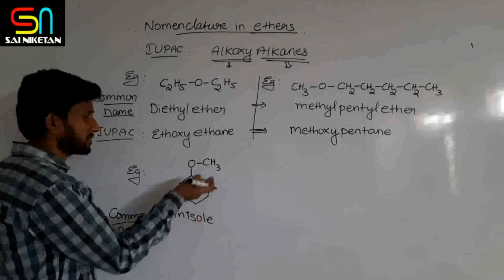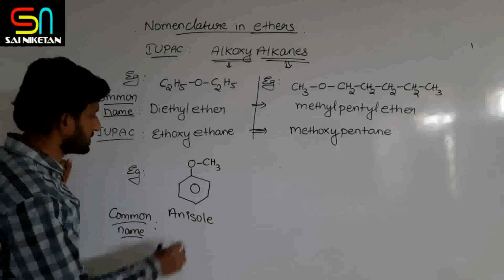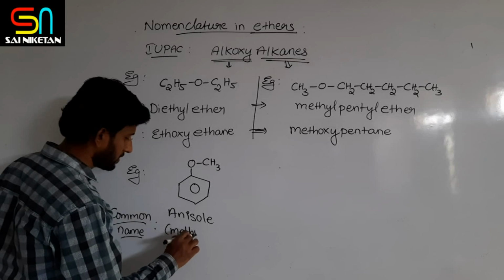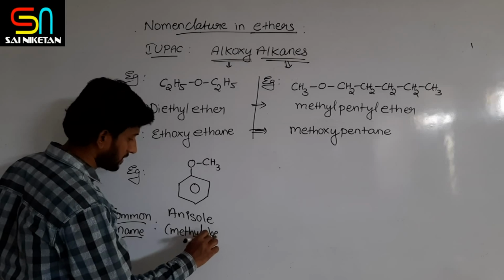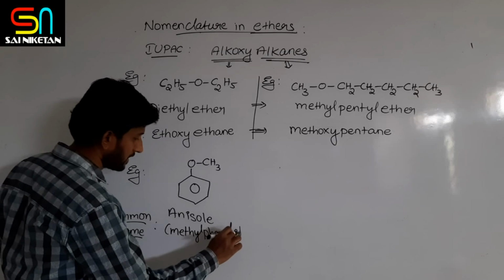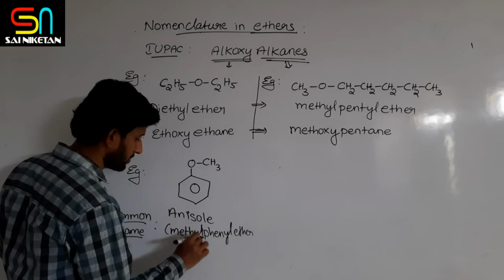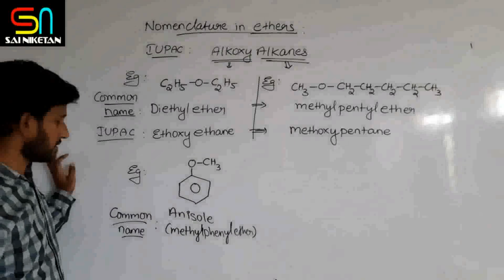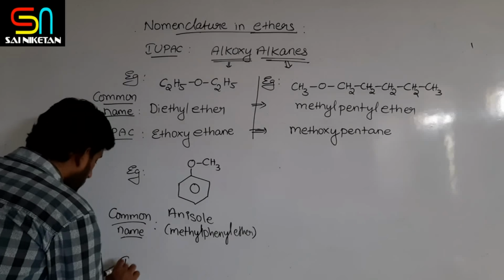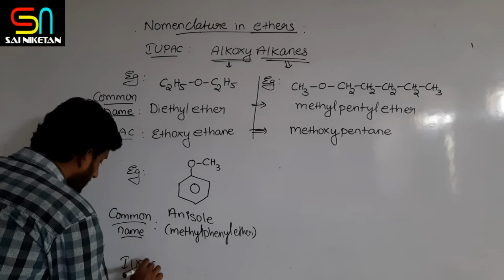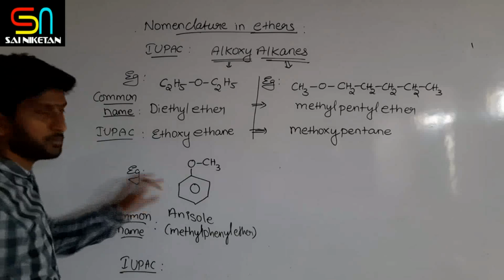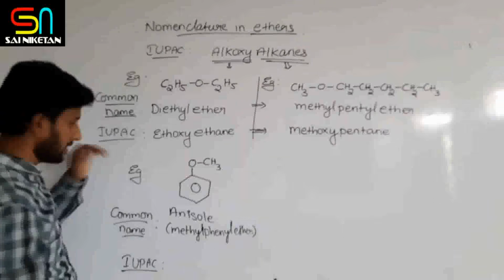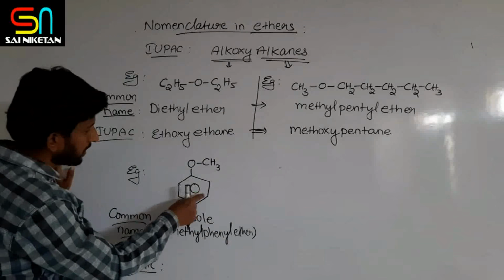Or sometimes it is also called methyl phenyl ether. There is nothing wrong in that. The common name can be either way. It is methyl phenyl ether. This is a common name. Most widely they call it anisole. But the IUPAC name of this compound, IUPAC name means alkoxy alkanes, right? Now which is the smaller group?